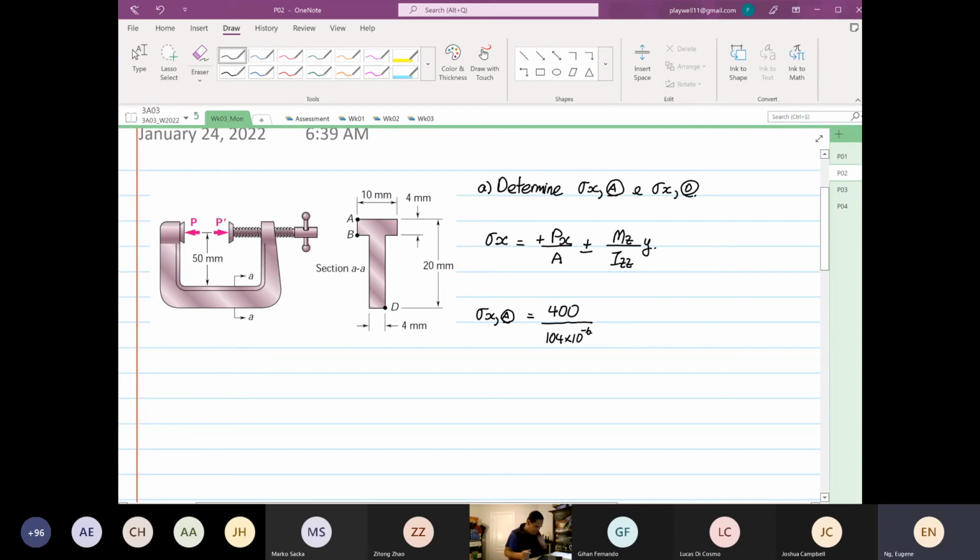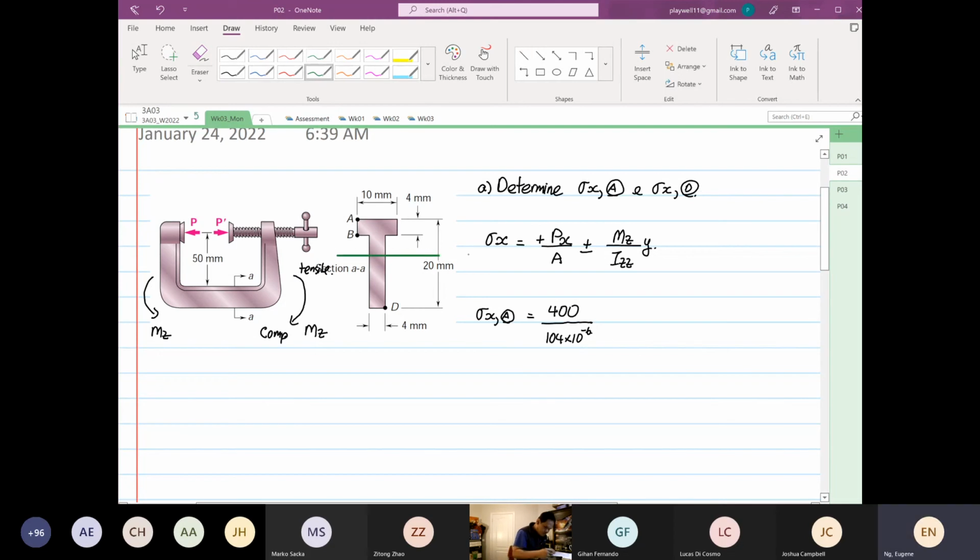Okay, so if we look at point A, our applied moment is in this direction, so this is compression and this is tensile. We know where our geometric centroid is, over here.